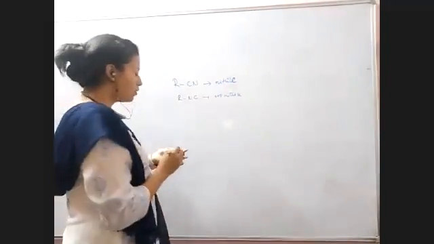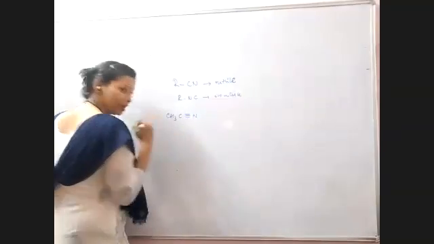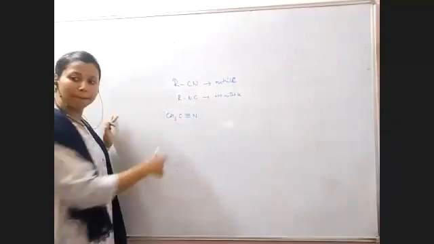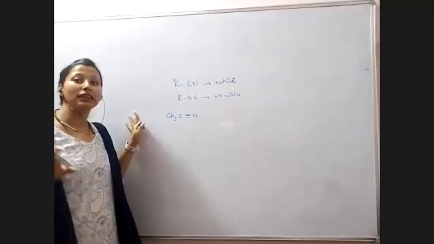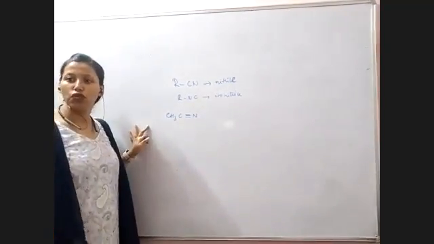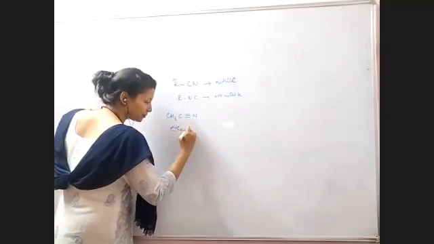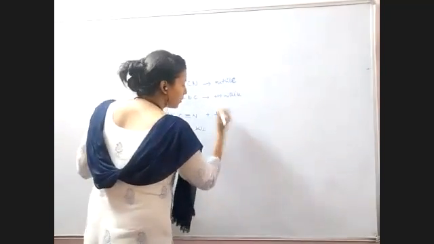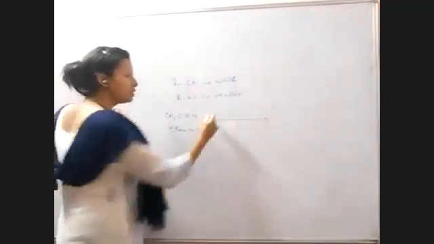Very good. Now I will start with CH3 C triple bond N. Can you please give me the name? Alkane nitrile. How many carbons can you see here? Ethane nitrile. Plus H2, you can just put it over the arrow to avoid our balancing.